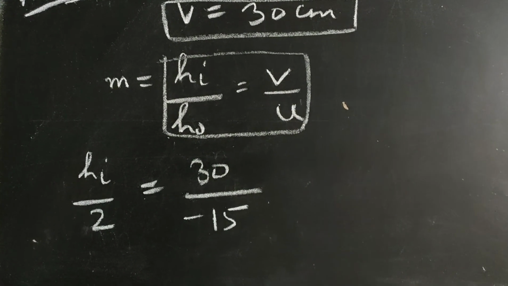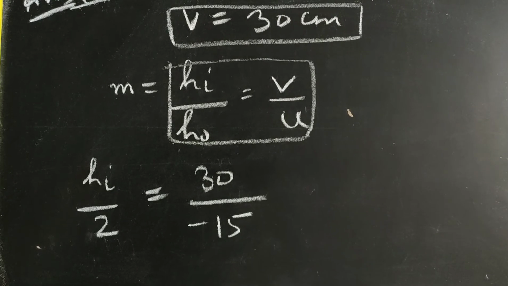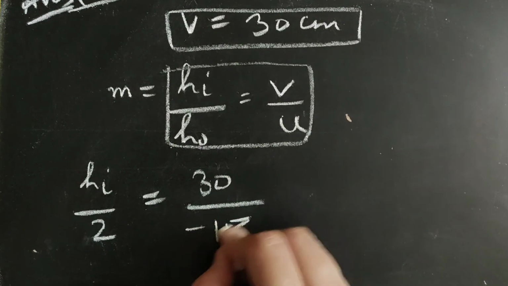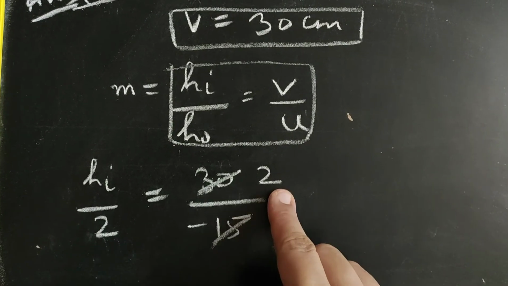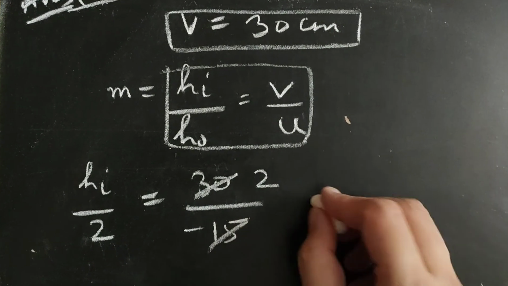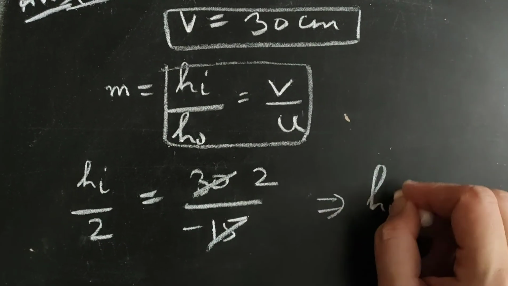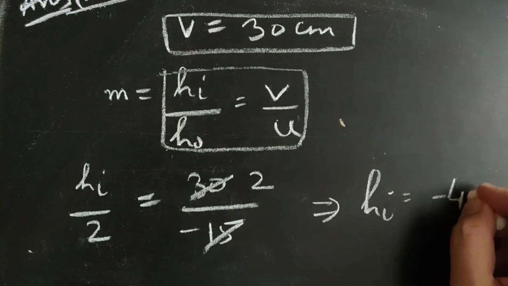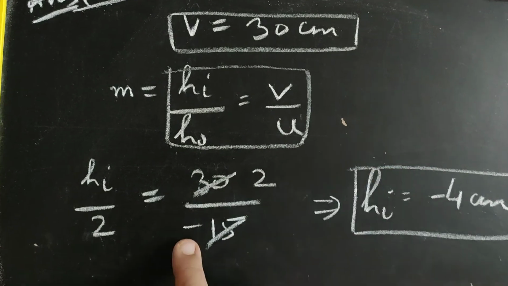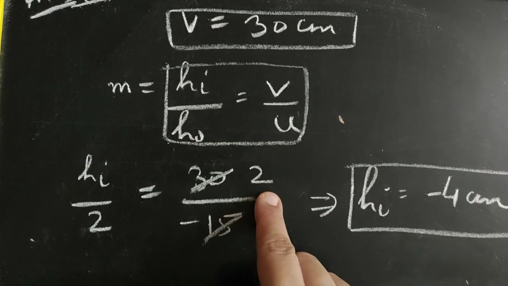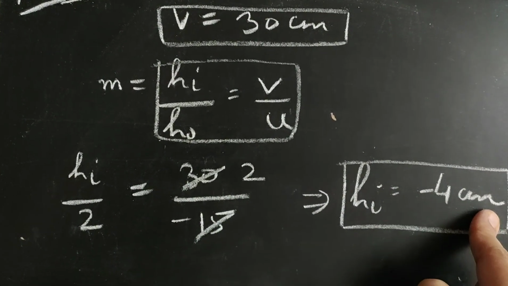Now solving this further, this becomes 2, and when this 2 will go on the right hand side, it gives us height of the image as minus 4 centimeter. Negative is here, and this 2 when it goes there becomes minus 4 centimeter.